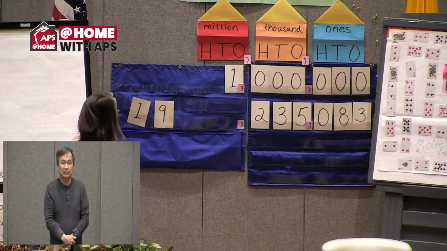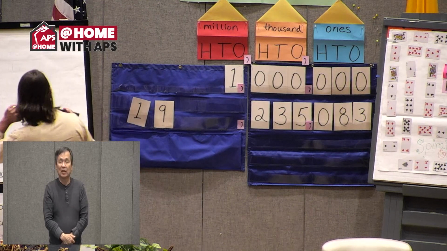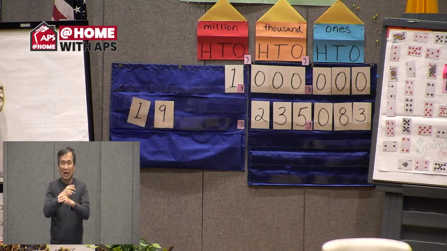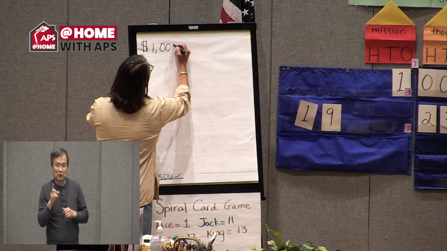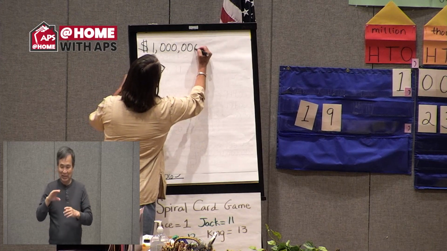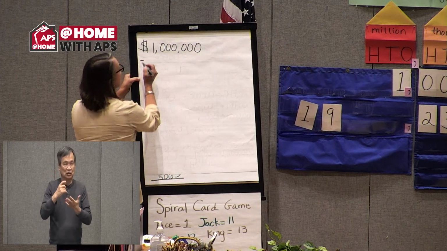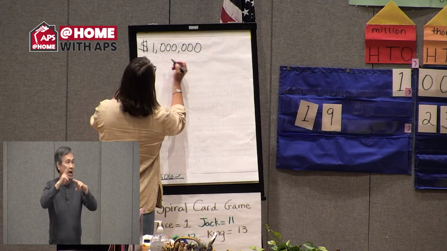Let's go ahead and just do the math for Mr. Pence as we wrap up. How much more would he need to make to earn $1 million? We'll work this with subtraction.